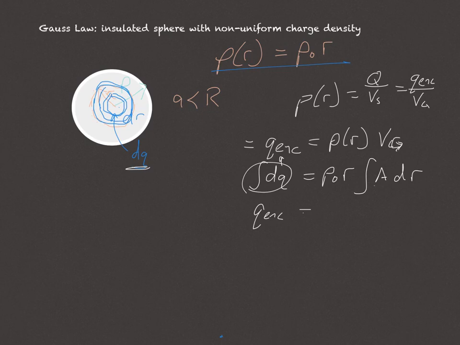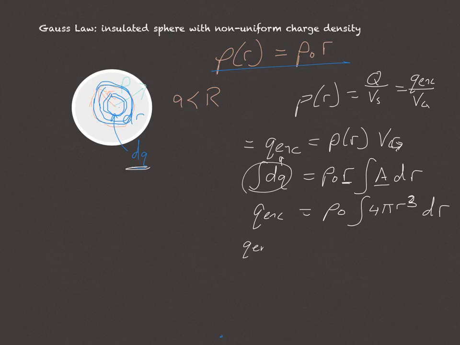I'm going to now replace the area with the 4 pi r. The rho naught stays outside because it's a constant. I'm going to have the area as 4 pi r squared, and the r right here is going to get multiplied into there, so that I'm going to get an r cubed dr. So I have an integral as a function of r.